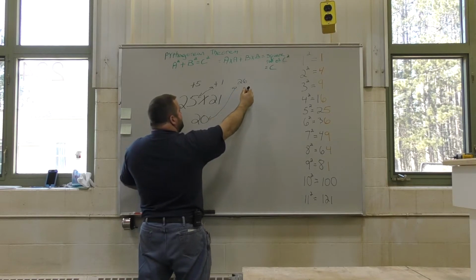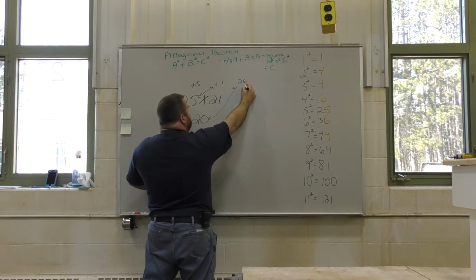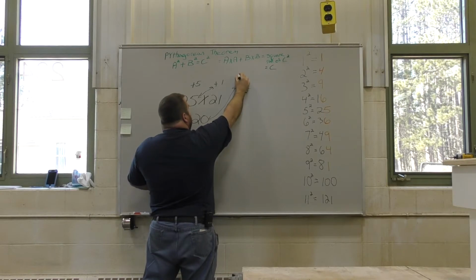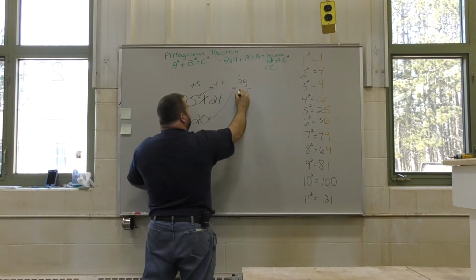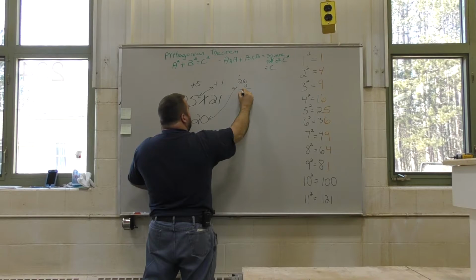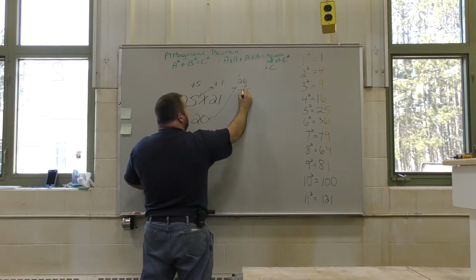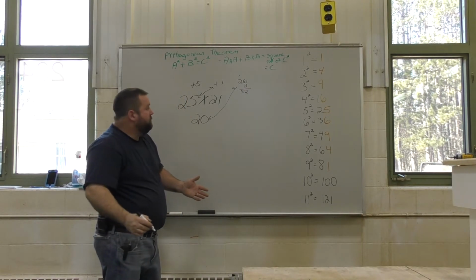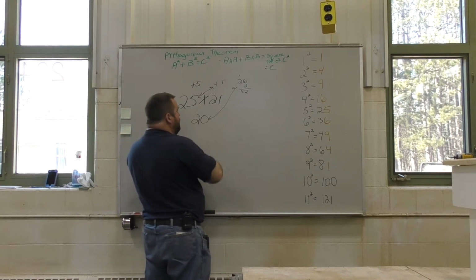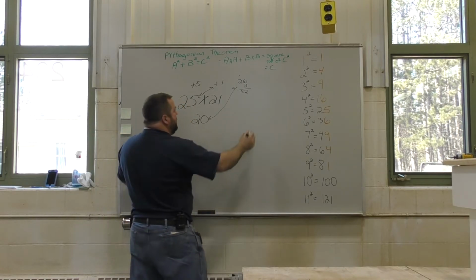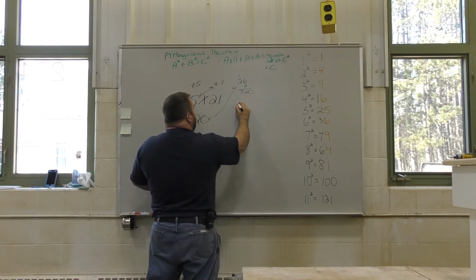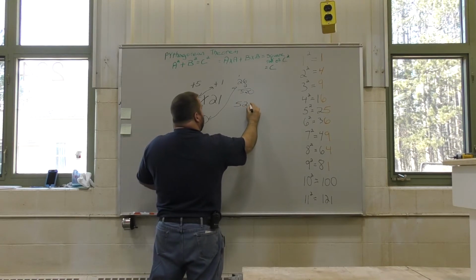So 26 doubled, you can times it by 2. 52, you'll know 26 times 2, it's an easy number. And then you're going to add a 0, so you're going to come up with 520.